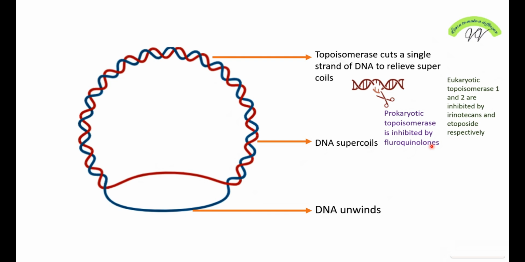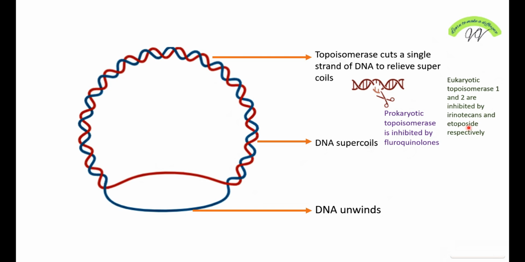Similarly, eukaryotic topoisomerase 1 is inhibited by the tecans, such as irinotecan, and topoisomerase 2 is inhibited by the posides, etoposide and teniposide. They are all chemotherapeutic agents because we don't want the DNA to replicate uncontrollably in cancer. Therefore, topoisomerase 1 and 2 inhibitors are used as chemotherapeutic agents in eukaryotes.